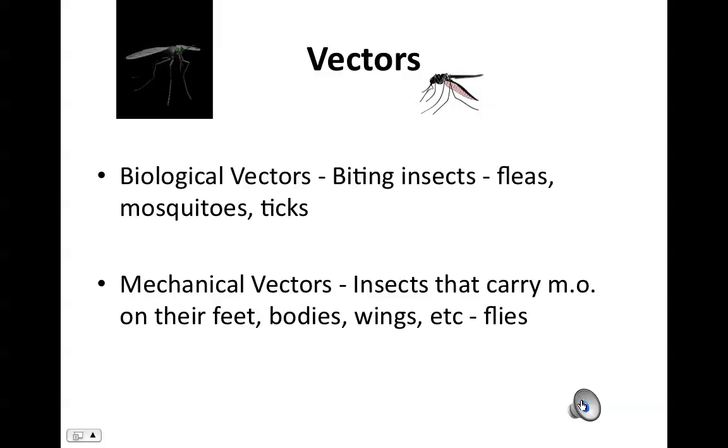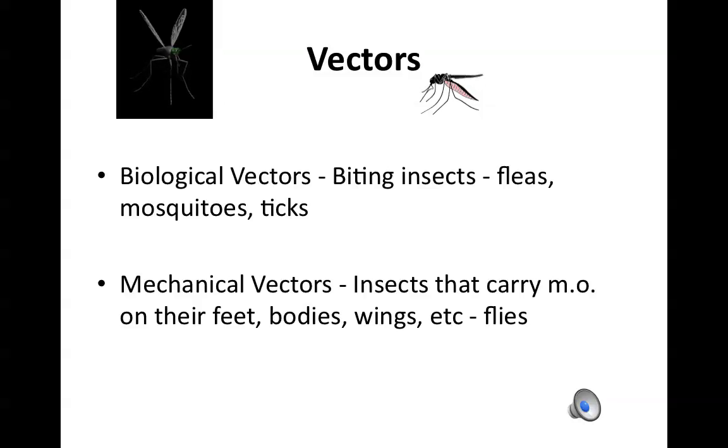Vectors. Vectors are insects that can transmit disease. There are two categories of vectors: biological vectors and mechanical vectors. Biological vectors are biting insects: fleas, ticks, mosquitoes, lice, all types of insects that require a blood meal and in the process of biting somehow transfer disease organisms from them to you.